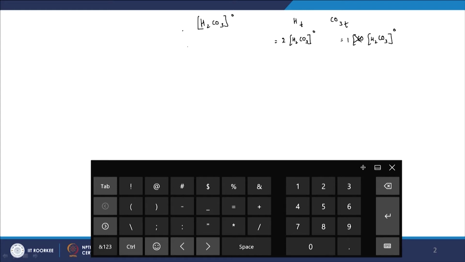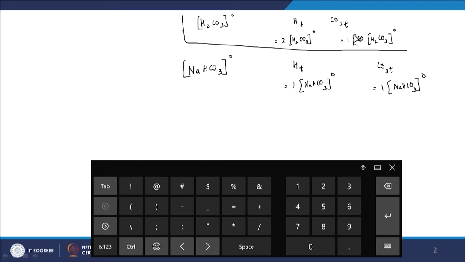And again, if I am choosing NaHCO3 as my recipe species, the compound that I am adding initially, what would H total be then? It is now going to be equal to 1 times NaHCO3 naught, and CO3 total is going to be equal to 1 times NaHCO3 naught.